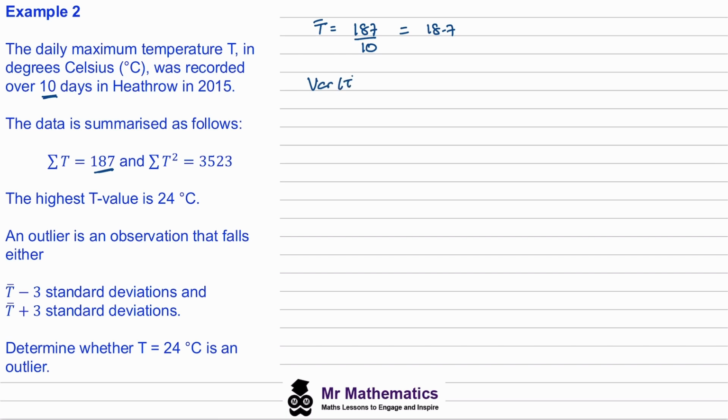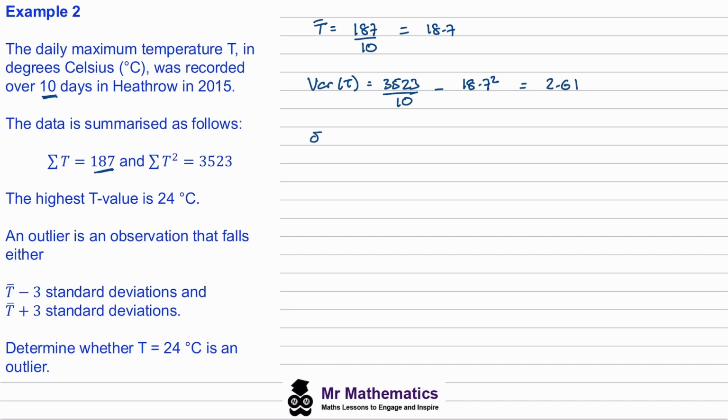So the variance of T will be the expected value of T squared, so 3,523 divided by 10, minus the expected value of the average all squared. And we can work this out, and we get 2.61.